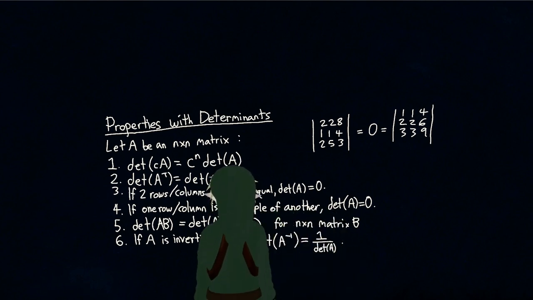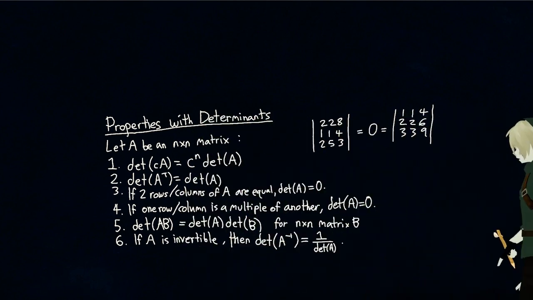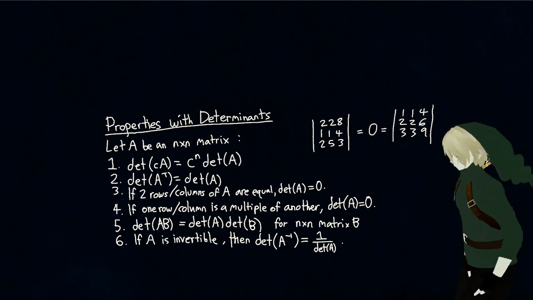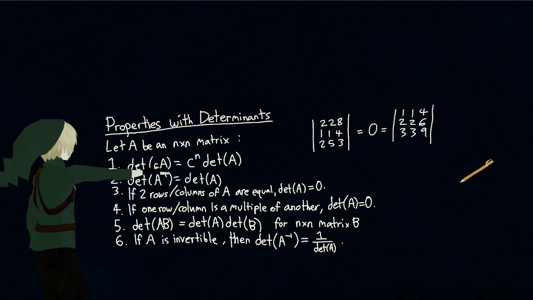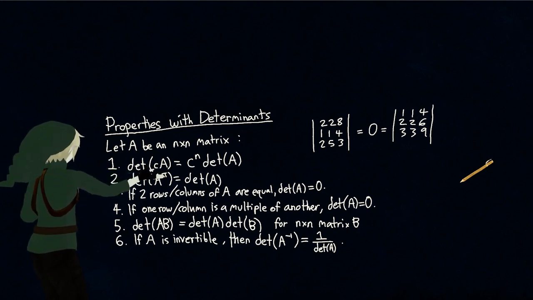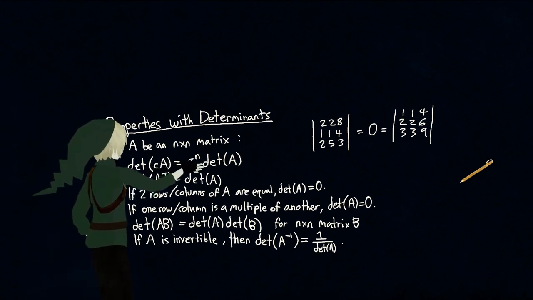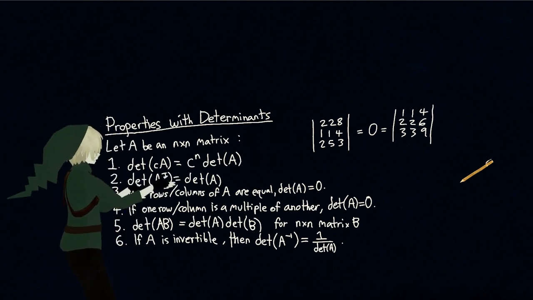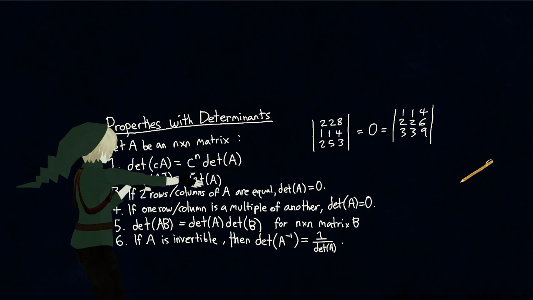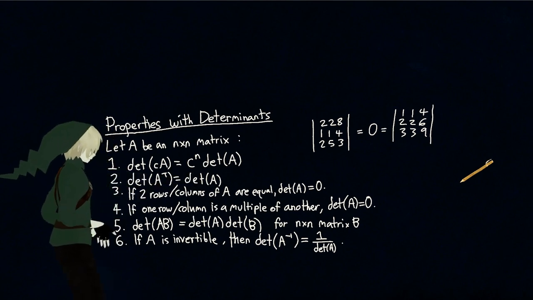Okay, so here are our 6 properties. There we go. Okay, so we have property 1, where we have the scalar multiplication. Then that scalar will be powered by n. We have that the transpose of a matrix has the same determinant as the matrix, right? The determinant will be the same.